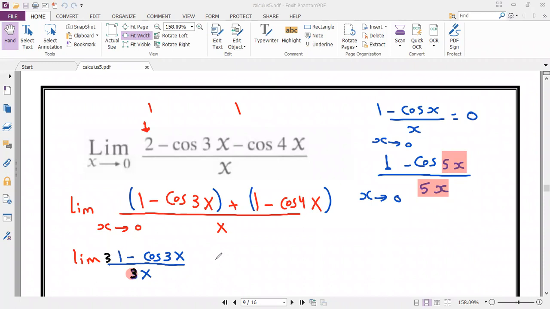Plus the limit of 1 minus cosine 4x divided by x. So multiply it by 4 at the bottom and by 4 at the top just to balance it. This angle is 4x, and this angle must be 4x, and this 4 is just to balance it.